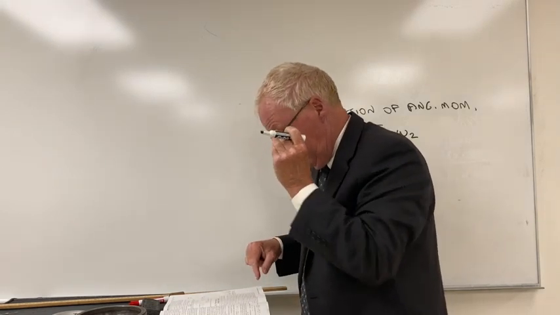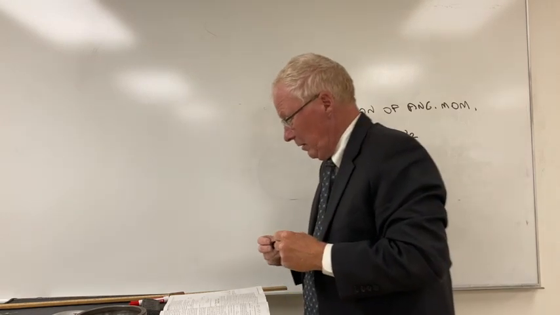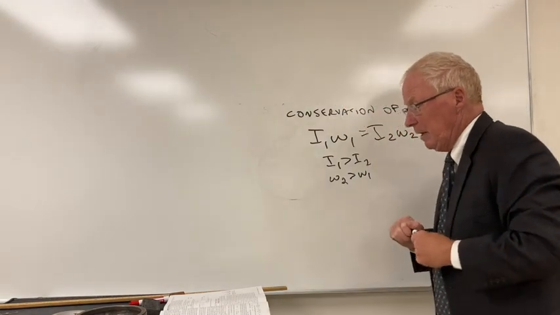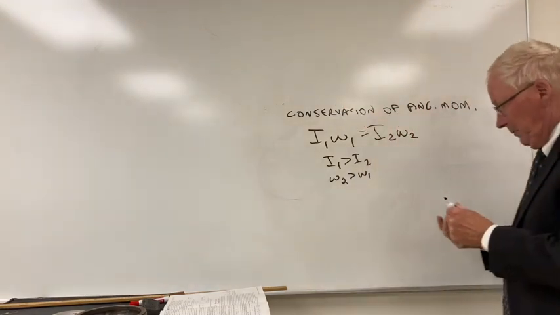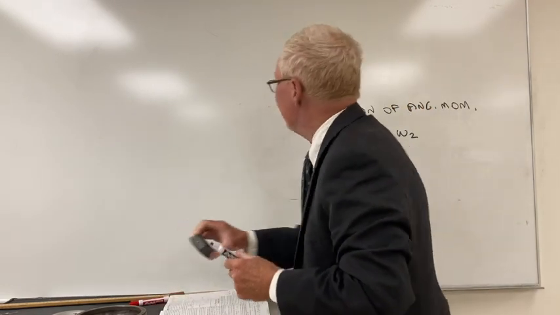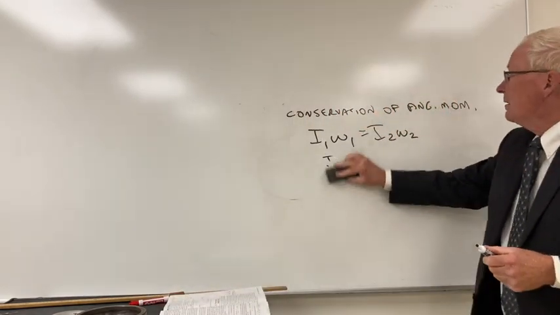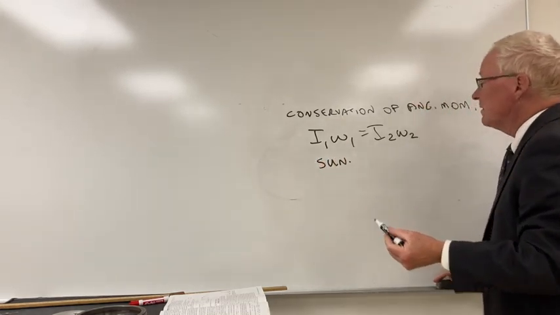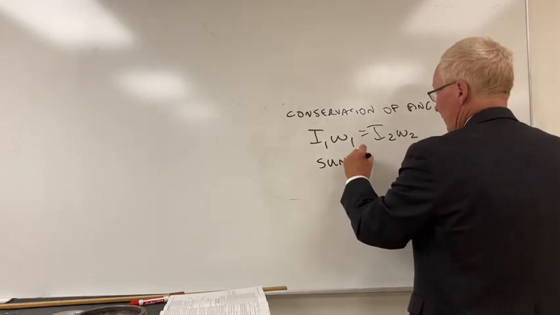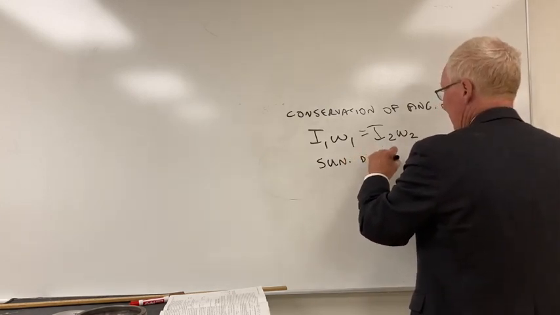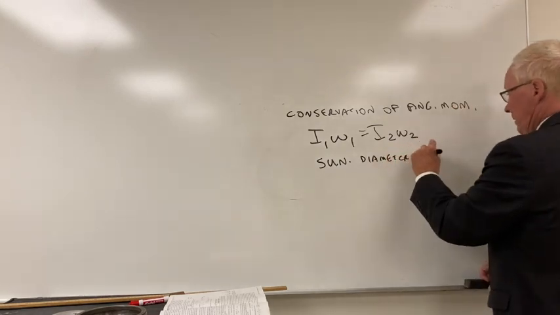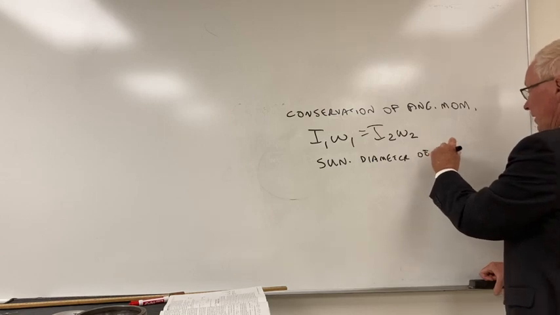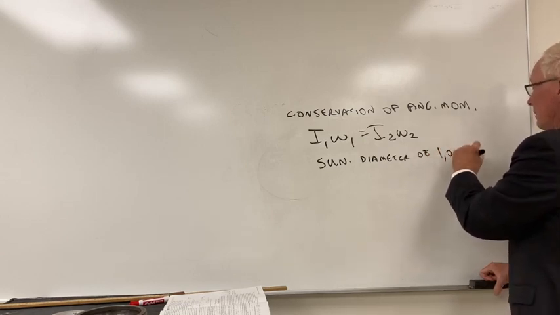There are other objects here, and you can get into examples of that. But one good example is in astronomy, and the same concept. All right, the sun, which has a diameter of, what is it? 1 million kilometers, more or less.